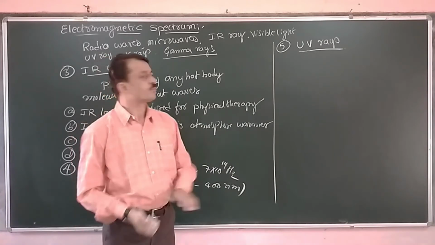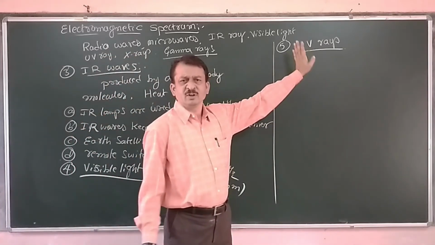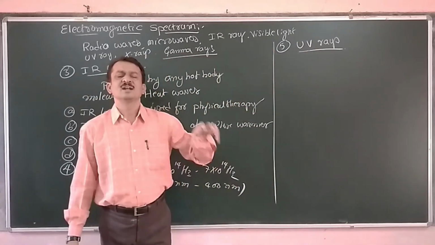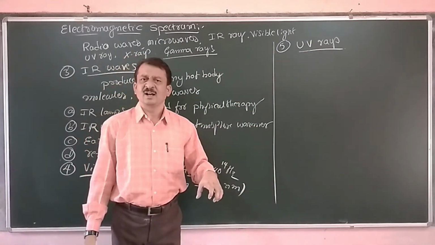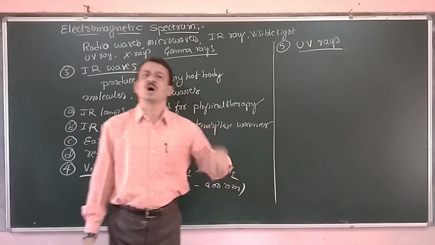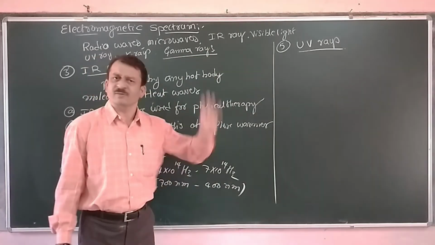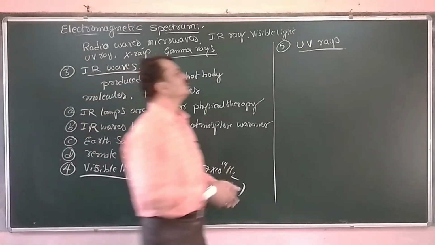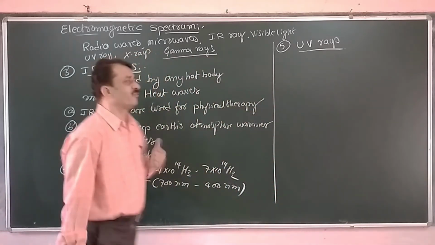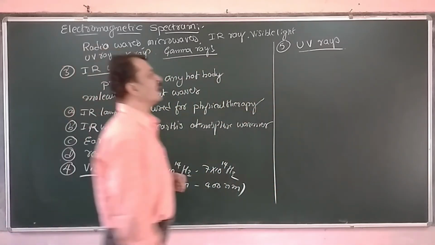But luckily, even though the sun is sending the ultraviolet radiations, Earth's atmosphere has an ozone layer which absorbs almost all the ultraviolet radiations coming from the sun, and hence all the living things on the earth are safe by this ozone layer.